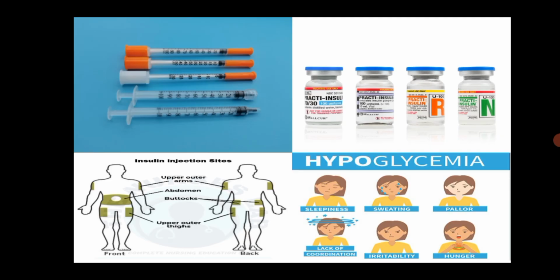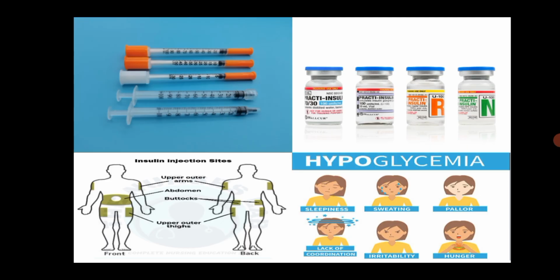If you look at this good picture that I brought for you, on your bottom left, you're going to see these two gentlemen. These two gentlemen are showing you sites where insulin is administered. Insulin is administered on the abdomen, and the abdomen has the fastest absorption, so it is the most preferred.